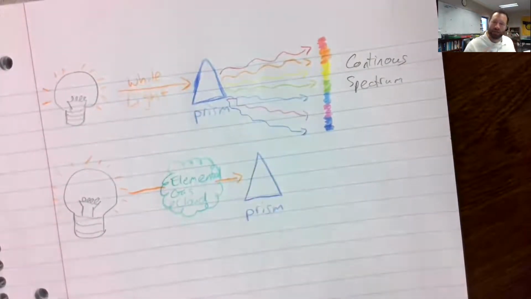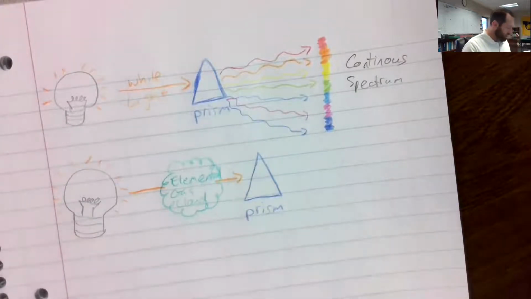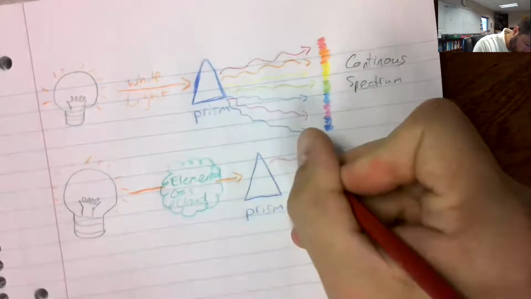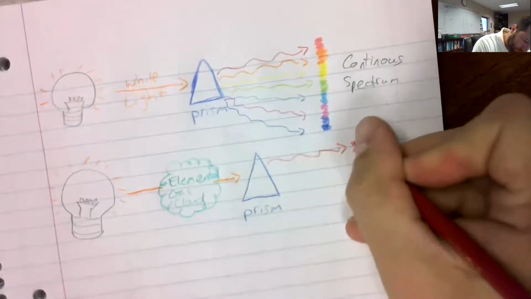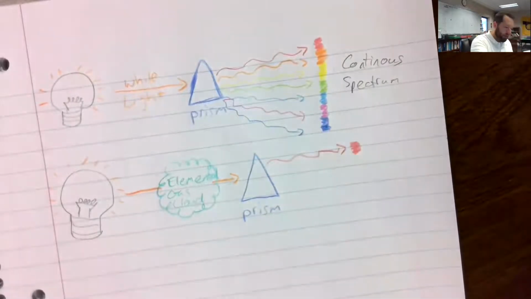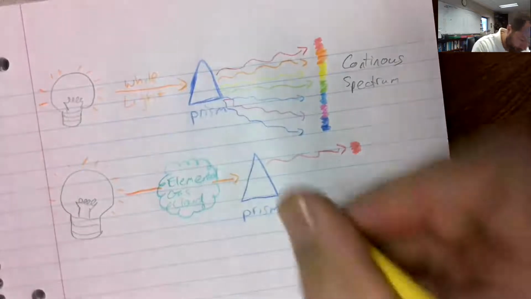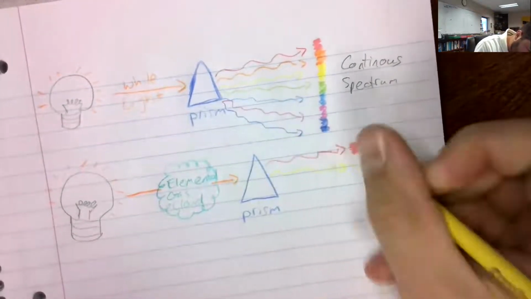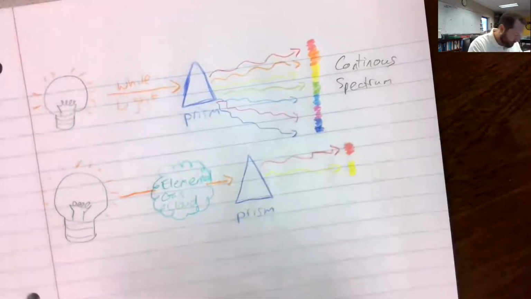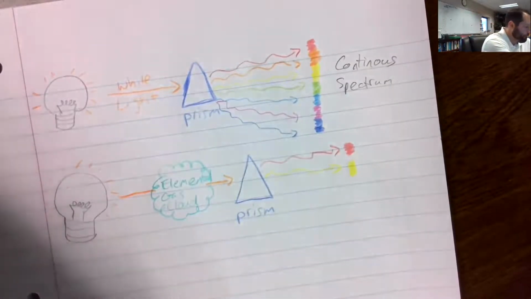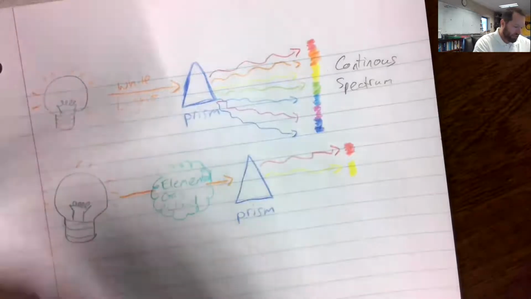And what they got is mostly a continuous spectrum, mostly. I'm not going to do orange. Skip down to yellow. In fact, for orange, I'm going to make kind of a black line.